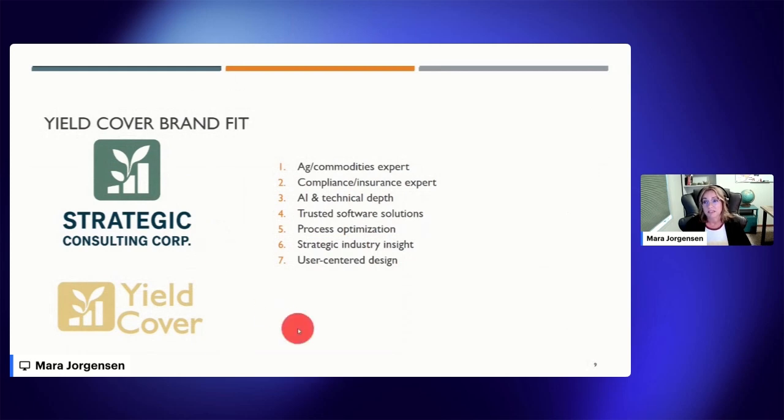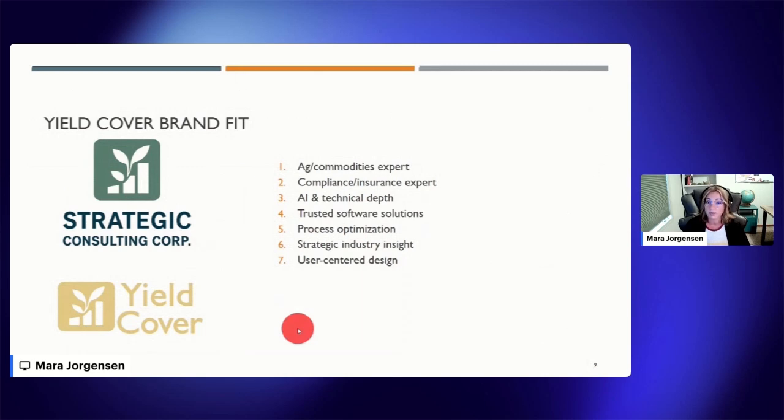The last piece I'm going to chat about today is that Yield Cover is a good brand fit for the parent organization, Strategic Consulting Corp. Yield Cover is something that generally would fall under the expertise of the larger organization, which makes it more credible and more realistic to come to fruition.